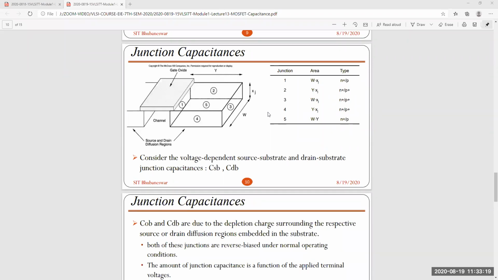The depletion region will be there, and the depletion region depends upon the square root of the reverse voltage. Then how much charge is stored in that depletion region, and if you derive that charge, you will get the capacitance. Got the point?